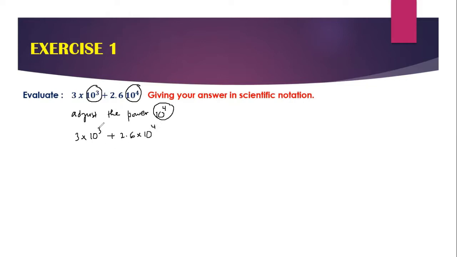Okay, students, 3 times 10 to the power of 3 plus 2.6 times 10 to the power of 4. So you have to change this power to be 4, right? When the power increases, you have to change the coefficient, the decimal moves left. So where's the decimal? The decimal is here, after 3.